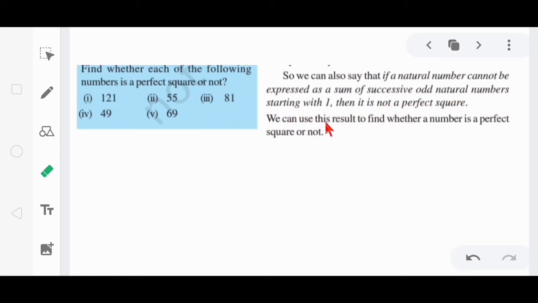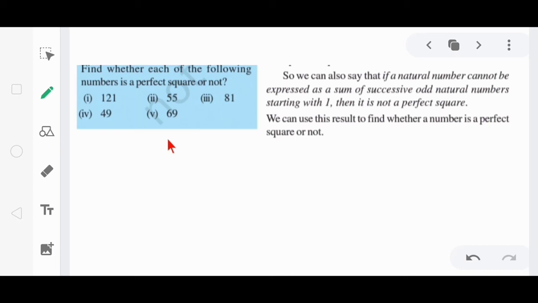Okay, we can use this result to find whether a number is a perfect square or not. So you can check the numbers which are given here, like 81, 121, 49. What to do?